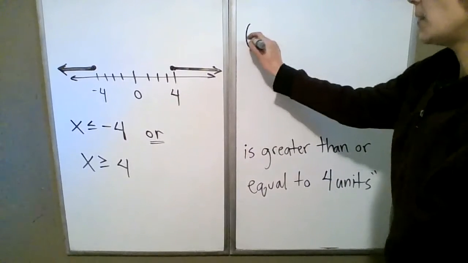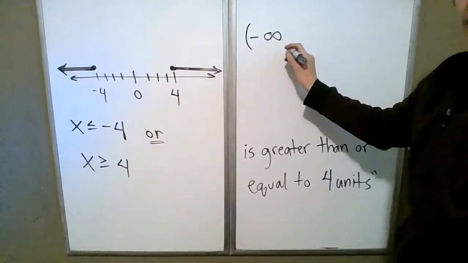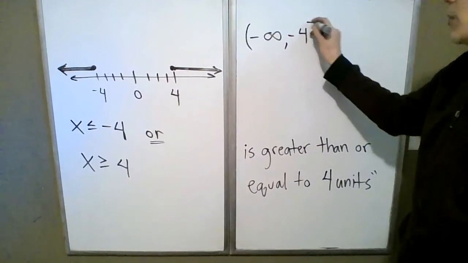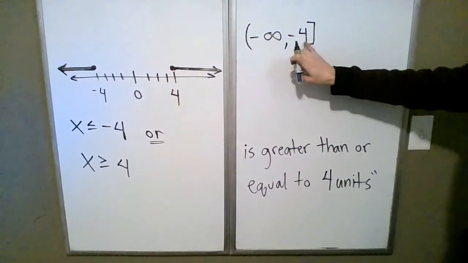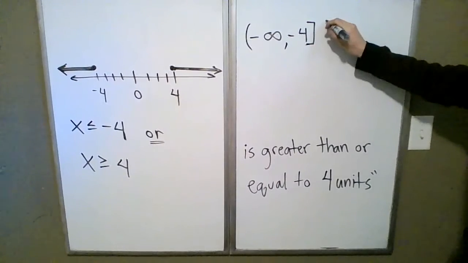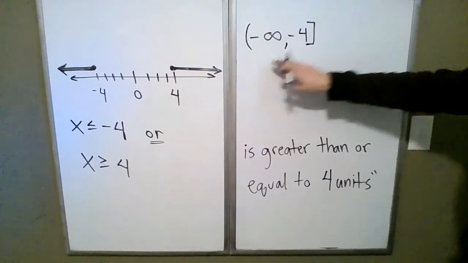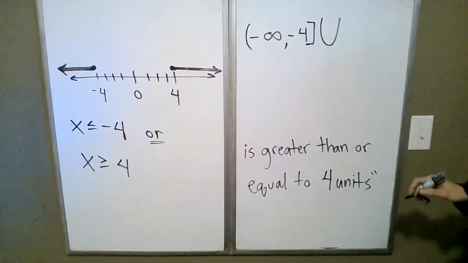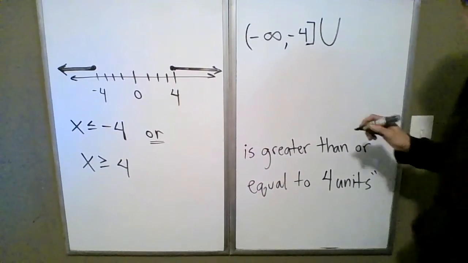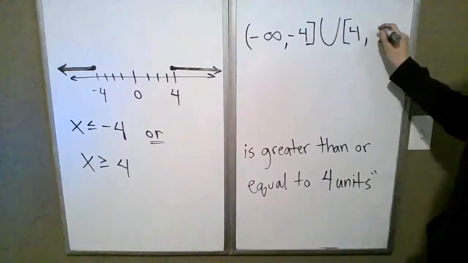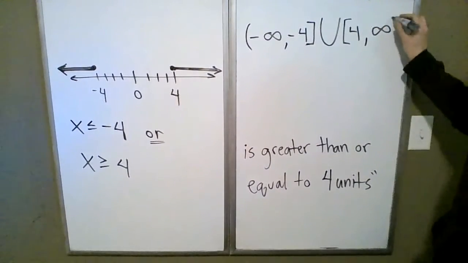It goes from negative infinity, which is not included, over to negative 4, which is included with a square bracket. This is a union symbol. It means you're in that set or that set. The other set starts at 4 and does include 4. It goes to positive infinity, which also is not included.